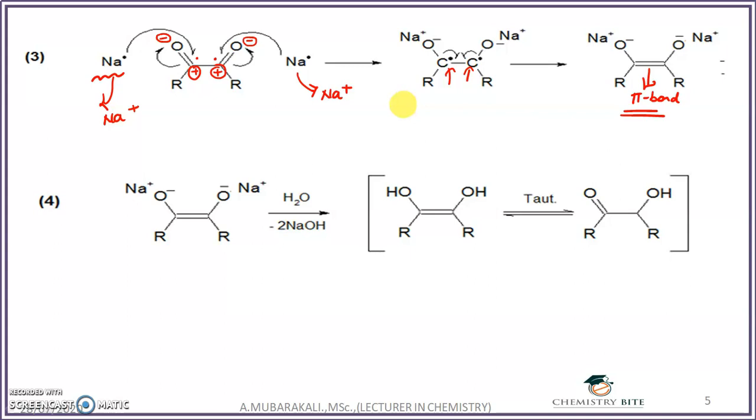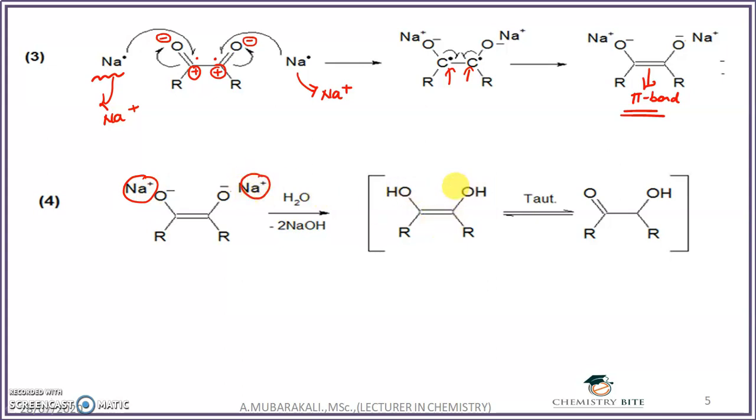The fourth step is aqueous workup. Okay guys, this dianion, after workup with water, will give an alpha hydroxyketone. You can see here you have the dianion. After adding the water, these Na plus ions will get replaced with H plus.